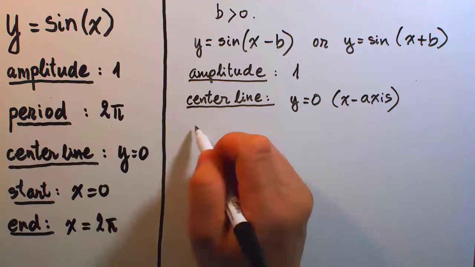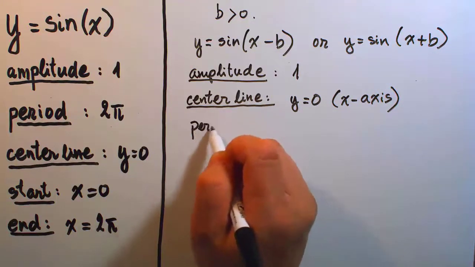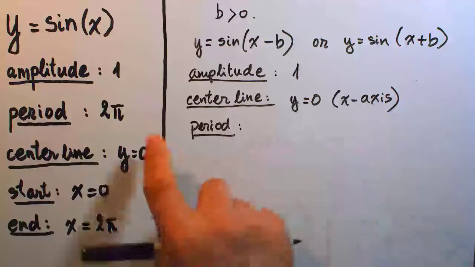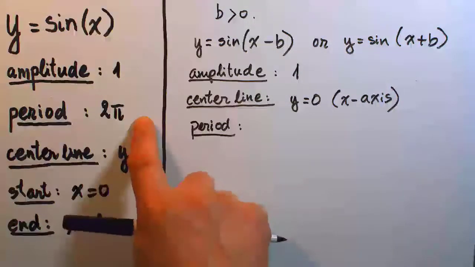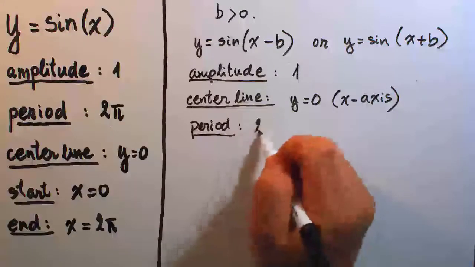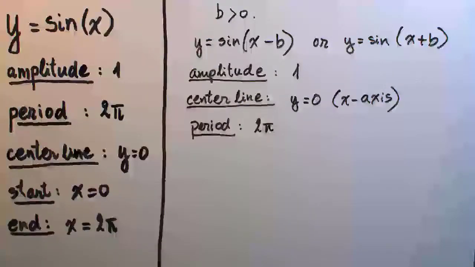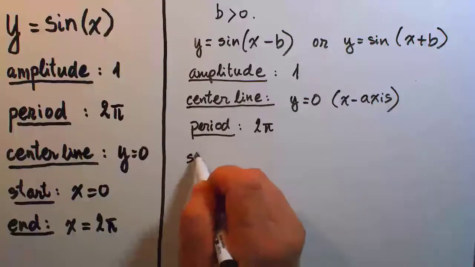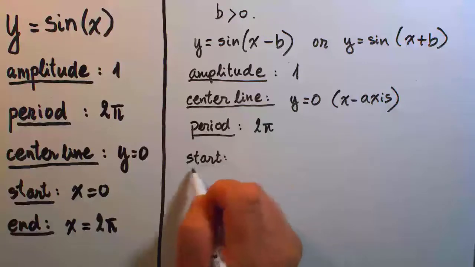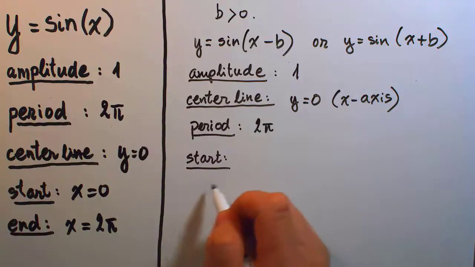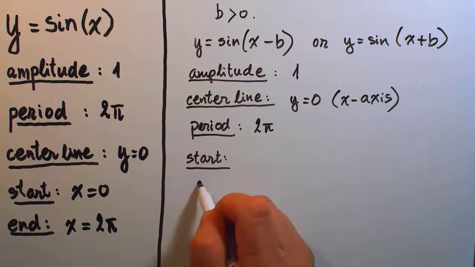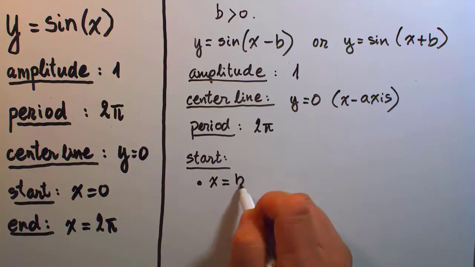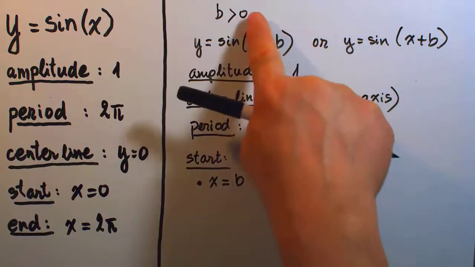They all have the same period as our original sine of x. So it's a 2 pi period. However, the start point is going to become different. So the starting point for our function will be x equals b, same b value.